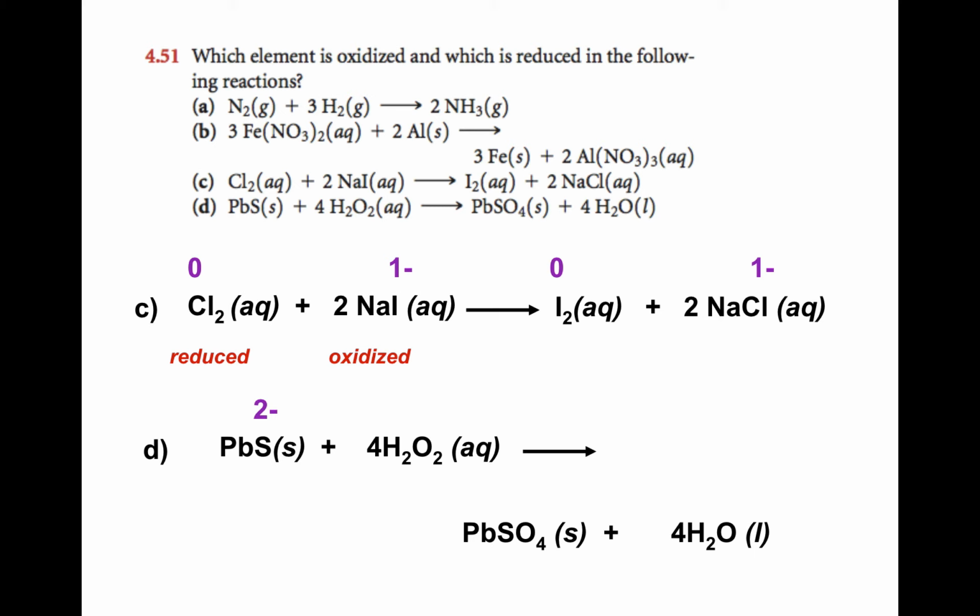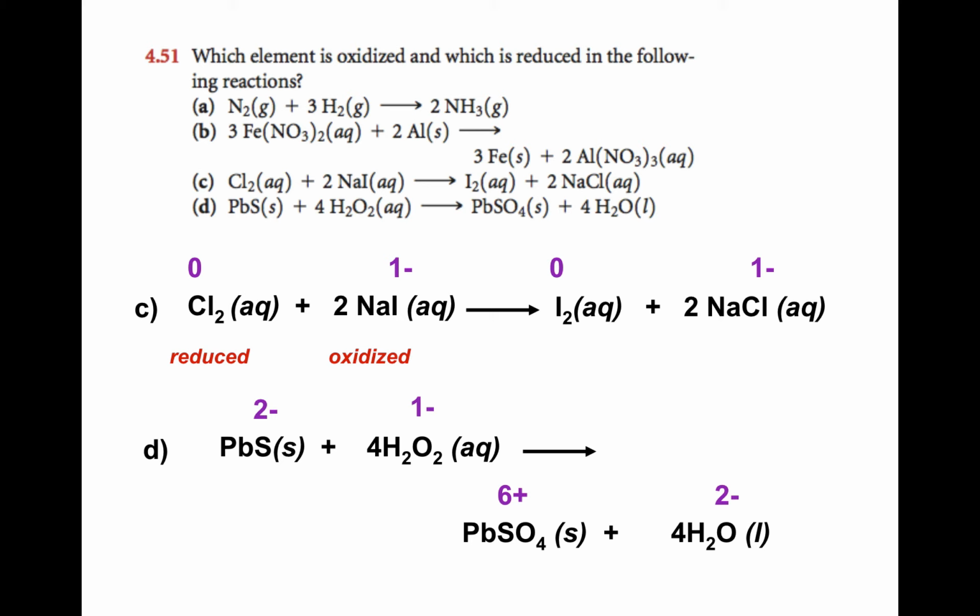Now with hydrogen peroxide, this is a weirdo for oxygen, right? We always count on oxide being -2. Well, this is peroxide. So if hydrogen's +1, you only have 2 of them, so each of the oxygens has to be -1, going to water where you've got a -2 state.